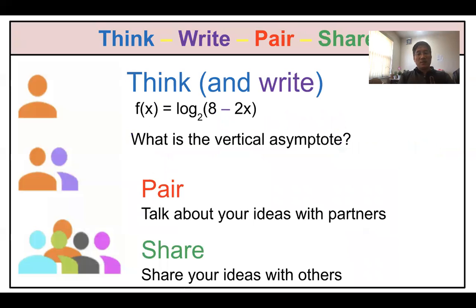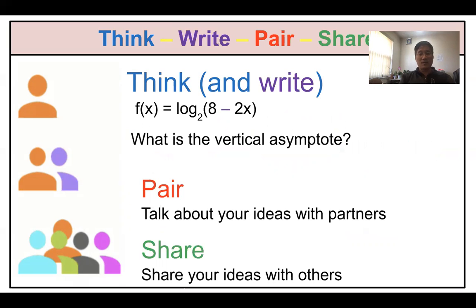You have the original function f of x equal to log base 2 of the quantity 8 minus 2x. So remember, what is the most important thing when we draw the log function? We find the vertical asymptote, right? How do you find the vertical asymptote?